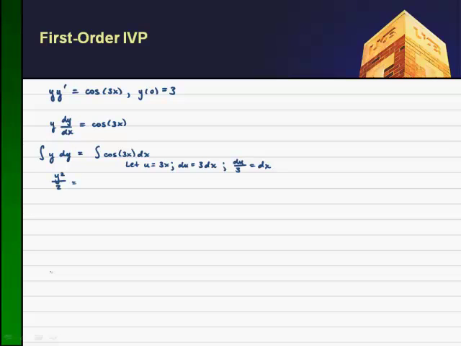I'll get the integral of the cosine of u times du over 3. And the 1/3 I could have pulled outside the integral because it's a constant. Well, the integral of the cosine of u is simply the sine of u. So I'll get 1/3 sine, and u is 3x. And then I'll add the arbitrary constant c. So I have y squared over 2 equal to 1/3 sine 3x plus c.